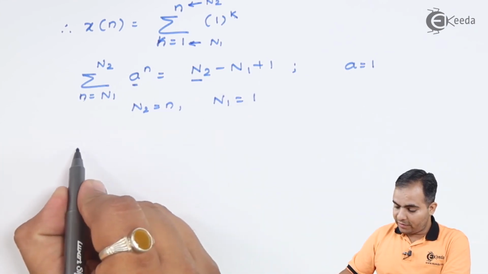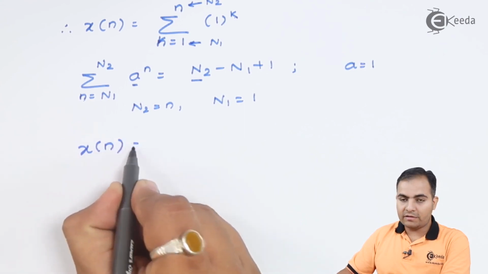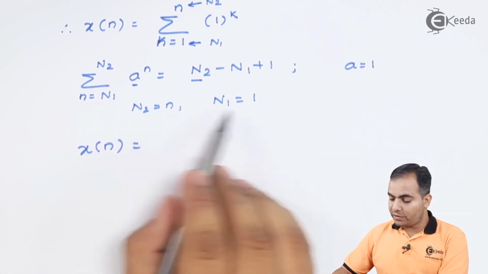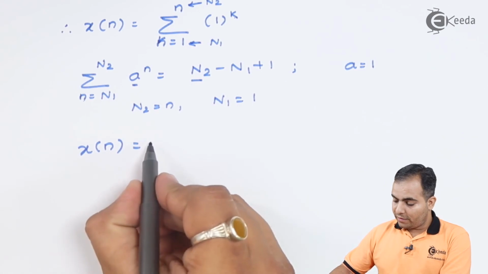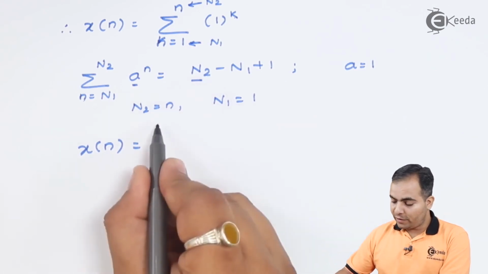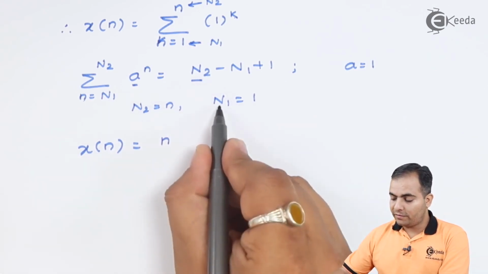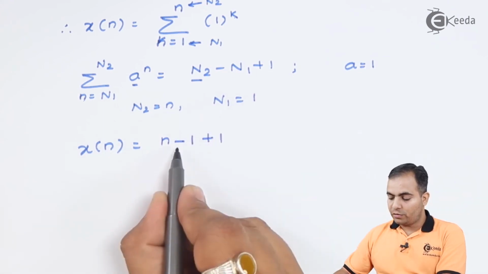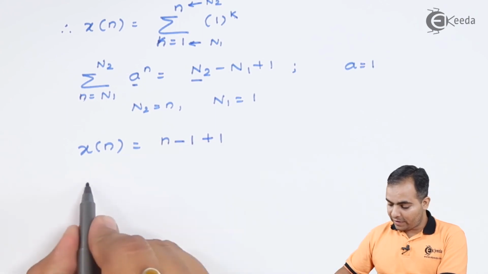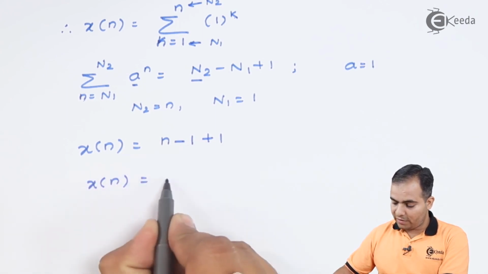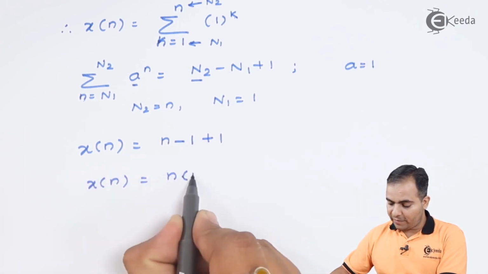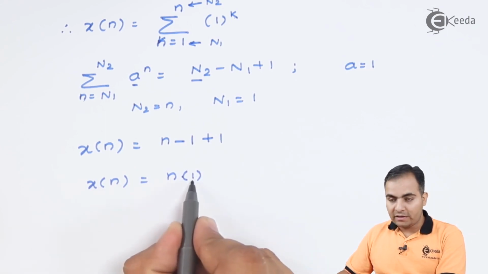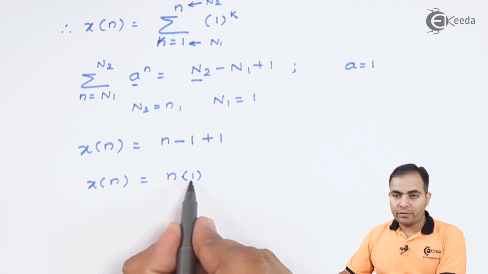So x of n is nothing but, if I substitute both these values in my formula, my n2 value is n, so I write n first, and my n1 value is 1, so I write that here, and then plus 1. So minus 1 plus 1 will cancel, and my x of n will be nothing but n, multiplied by 1, and this 1 is nothing but the amplitude of u of n.